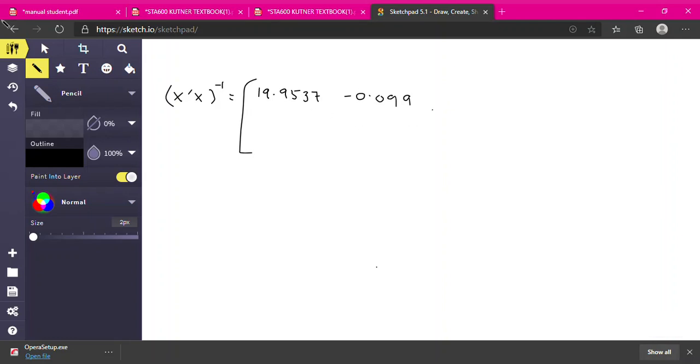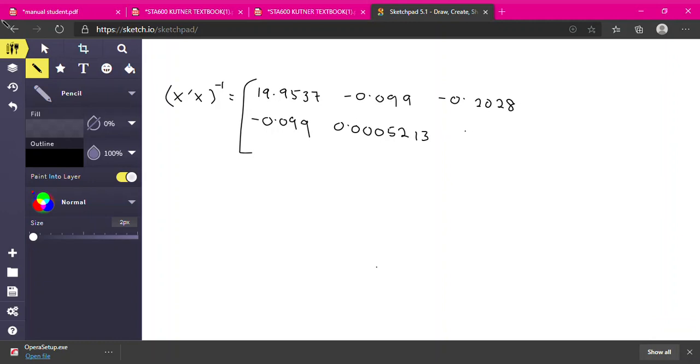Okay, and then negative 0.2028. And then the row below, negative 0.099. Here 0.0005213. I take 4 meaningful decimal places.